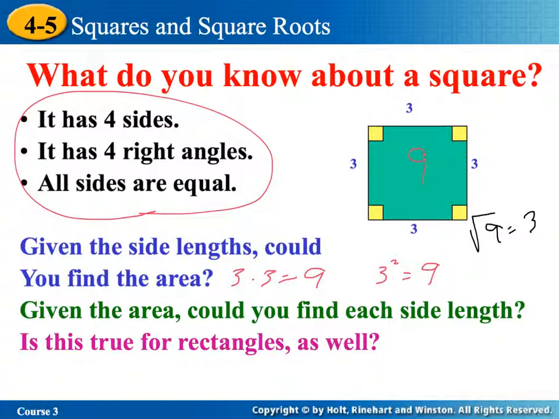Now, when you think about it, square roots are the exact opposite of squaring. So, for instance, here I'll give us a new problem. If I give us a square here, again a perfect square, and I gave us the area, let's say the area is 16.